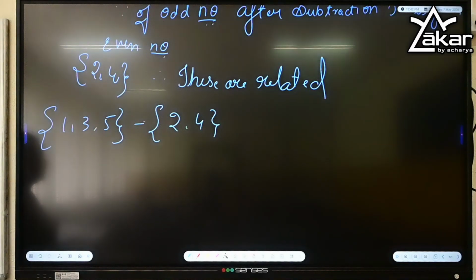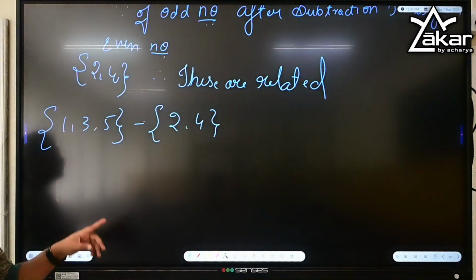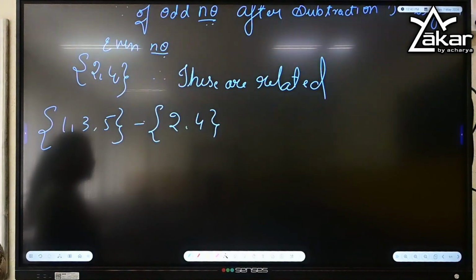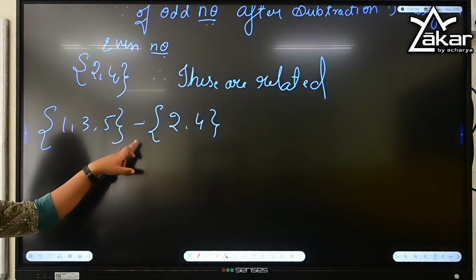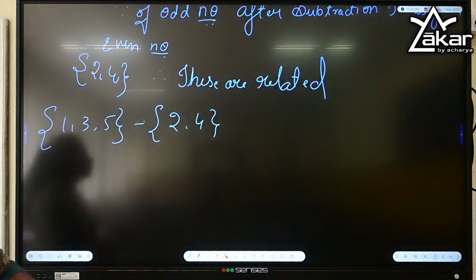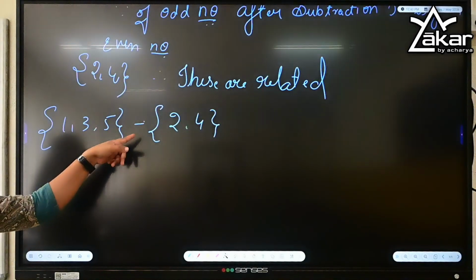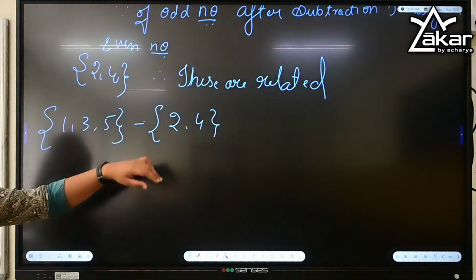Is that possible? If I deduct 1 minus 2, what is the element? 1. If I deduct 1 minus 4, again 3 will come. If I deduct 3 minus 2, it is 1. 3 minus 4 is again 1. Again 5 minus 2 is 3. Again 5 minus 4 is 1.